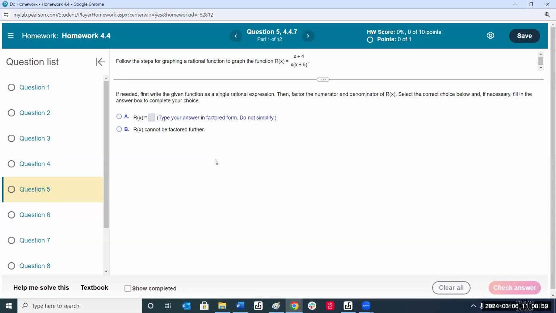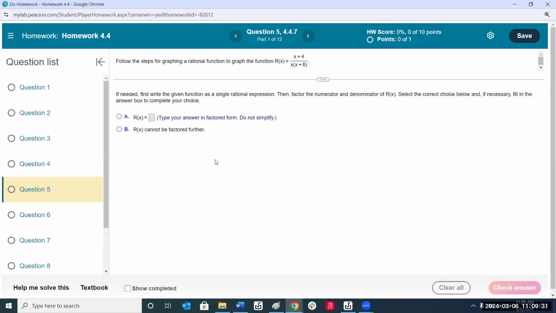Okay, follow the steps to graph rational functions. Maybe this is chapter 4, section 4, number 5. It says r of x equals x plus 4 over x plus 6 (x).